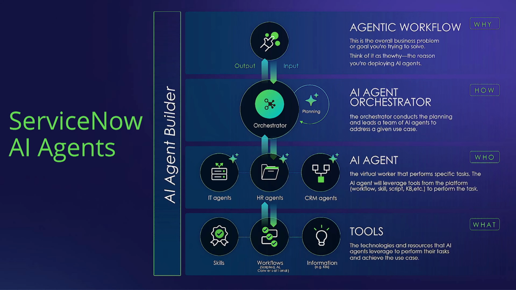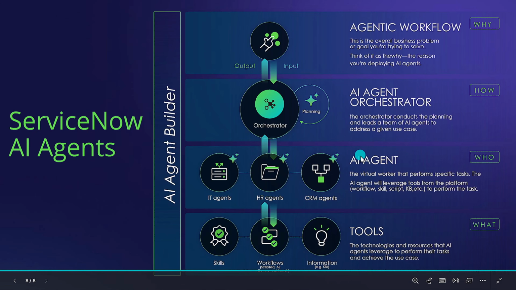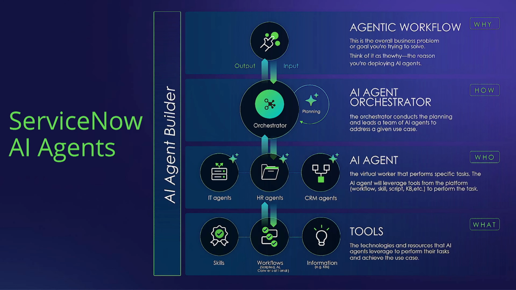It decides, if we have to start with this particular agent, what exactly it will do, then which agent needs to be called, and so on. Then we have AI agents, and under that there will be tools, which can be anything: skills, workflows, and all those things. We will discuss more on this when we move forward.